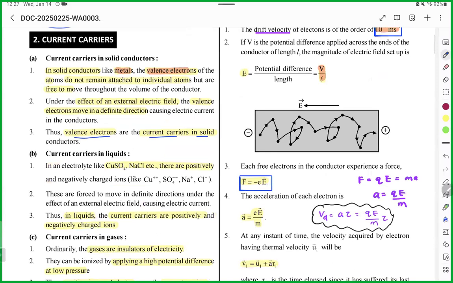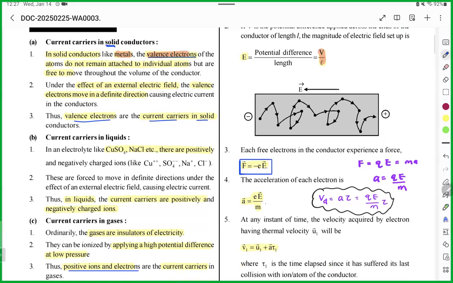Chandana, when we take current carriers in case of a solid conductor, what will be the current carrier? Ions? Valence electrons. Ions in case of solutions, aqueous solutions, like positive and negative ions. And in case of gas, ions or electrons.